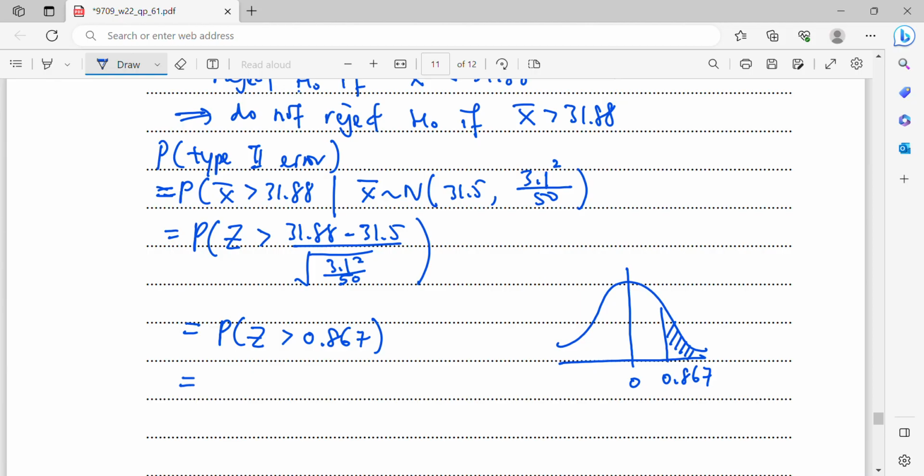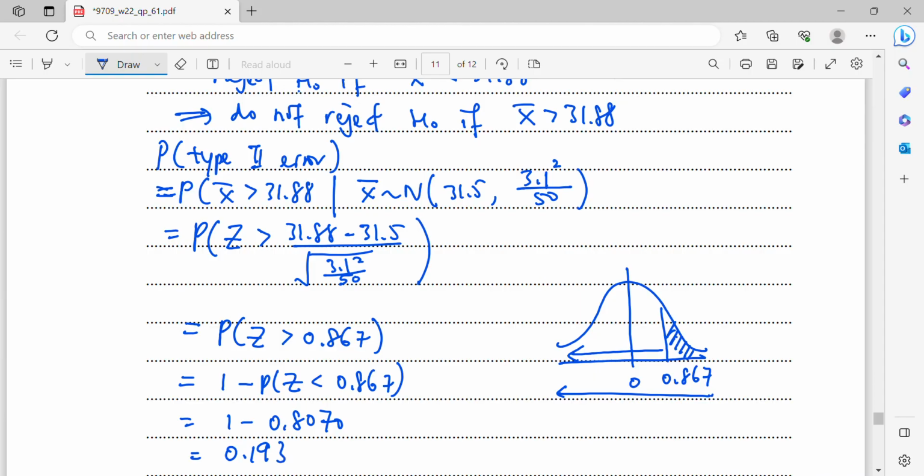So your table will not give you this value, but it will give you the value which is less than. Therefore, to get this shaded region or this probability, it will be 1 minus P Z less than 0.867. So now from the table, the probability will be 0.8070, and at last, you will be getting 0.193.